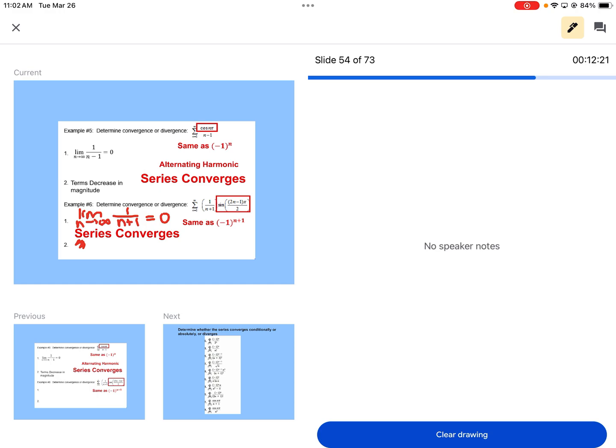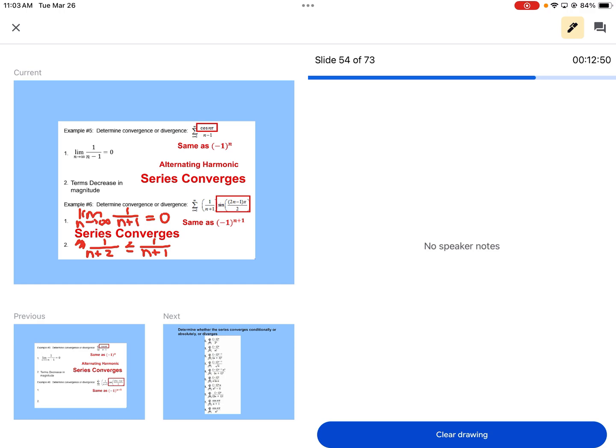Yeah, this would be like the alternating harmonic. So in this case, you would have to show the limit equals 0, which it does. And you would also have to show 1 over n plus 2 is less than or equal to 1 over n plus 1 would be your notation for that one. I jumped straight into that without thinking. Should not have.